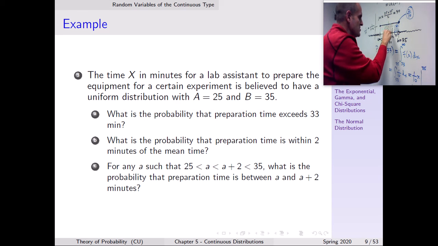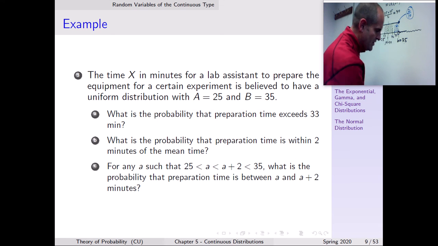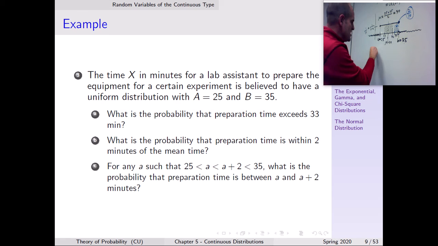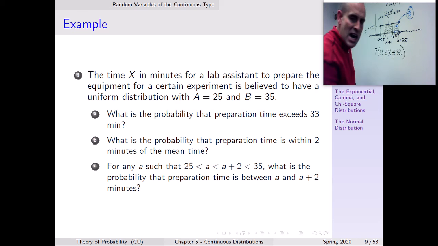Within 2 minutes of the mean means I'm between 28 and 32. So I want the probability that 28 is less than or equal to x is less than or equal to 32. And we don't freak out about equals or anything.